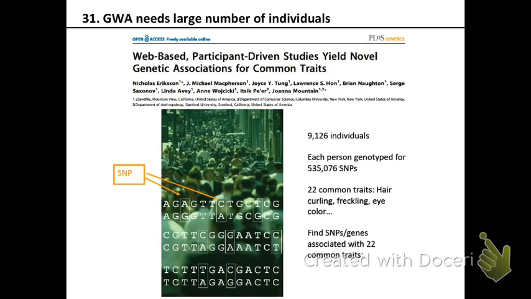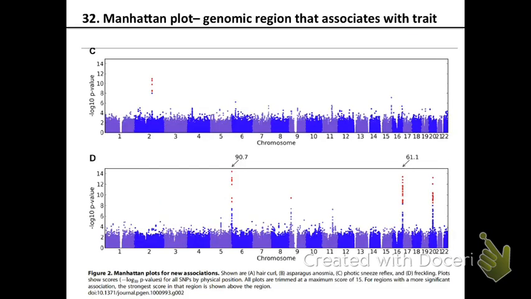So how do we actually express this data? We use something called a Manhattan plot because it looks like large blocks, right? Okay, so what's a Manhattan plot? What you do is on the x-axis, you have each of the chromosomes, and each of these dots is a SNP location, okay?